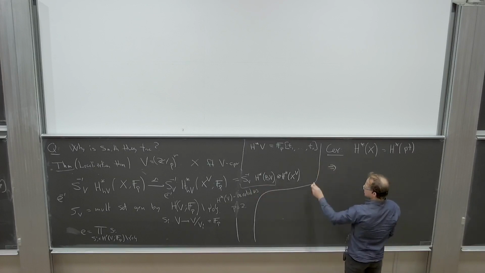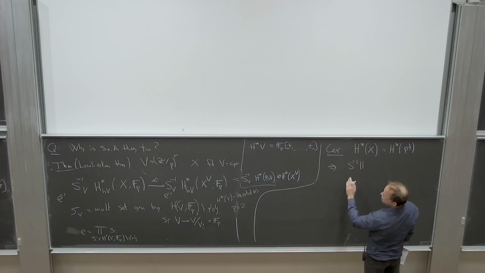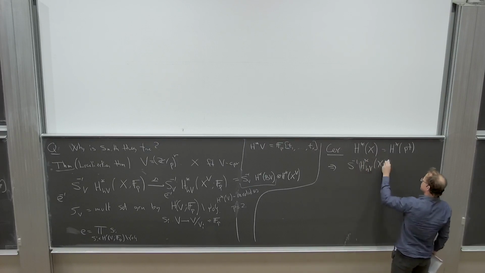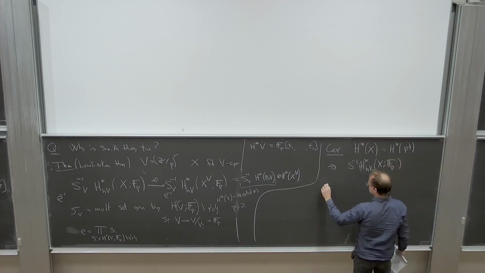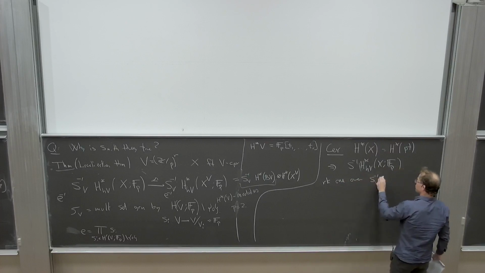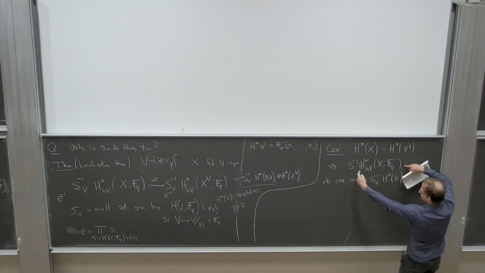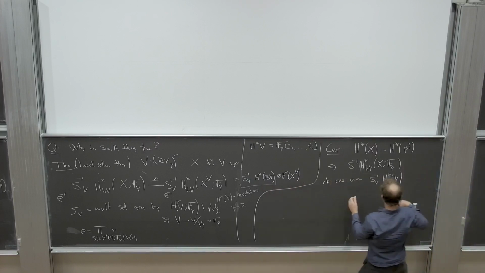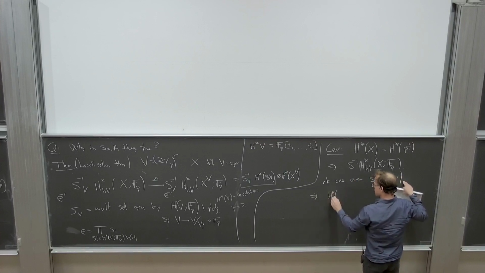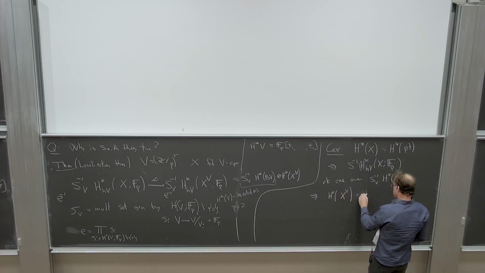This implies that S inverse H star has rank 1 over S inverse V H star V. But this was equal to this thing here, so this implies that the cohomology here would be the same as a point.